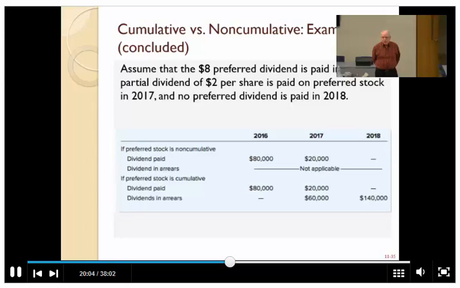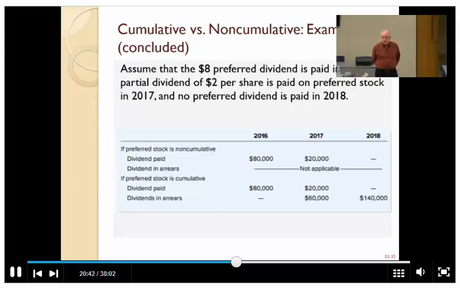Okay? If the stock is cumulative, they would get the 80,000 for 2016. They'd get 20,000 in 2017, but if a dividend is declared in 2018, they have to get the 60,000 to make up the 80,000, and then they get the full dividend in 2018.